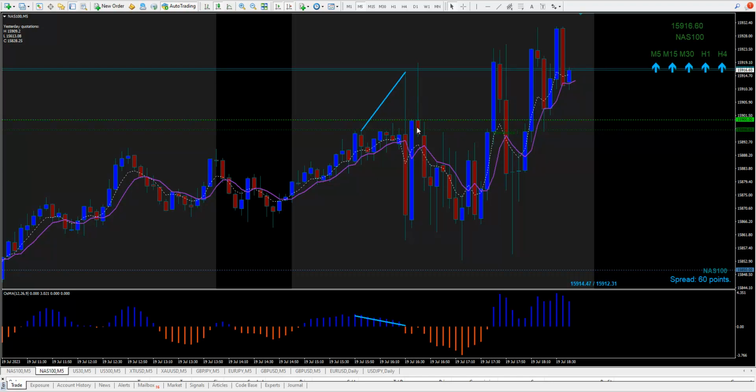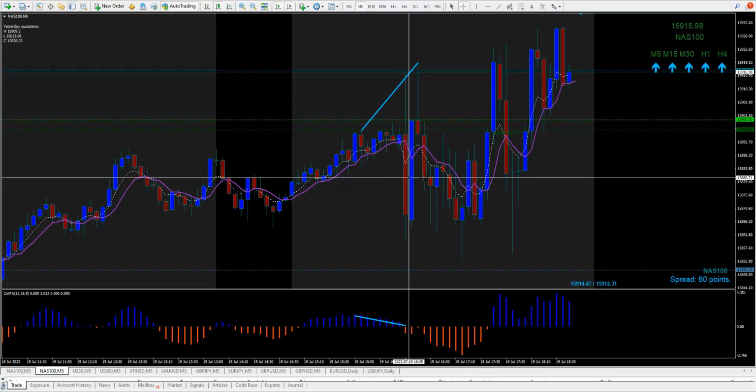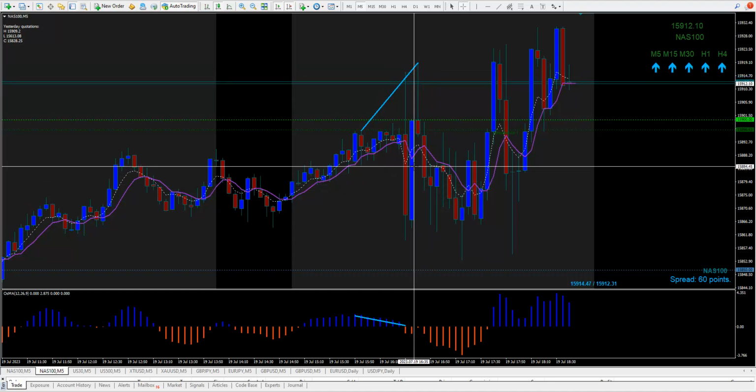Then it did another wick where you could extend the line. And if you sold it in here, say you waited for this bullish candle to close right there, your stop would have been 35 points.